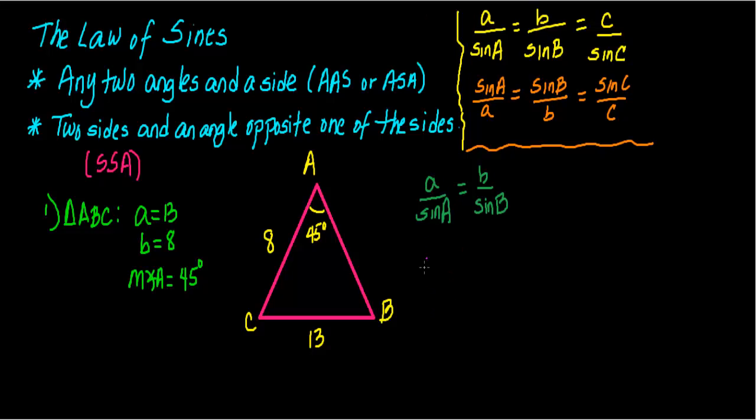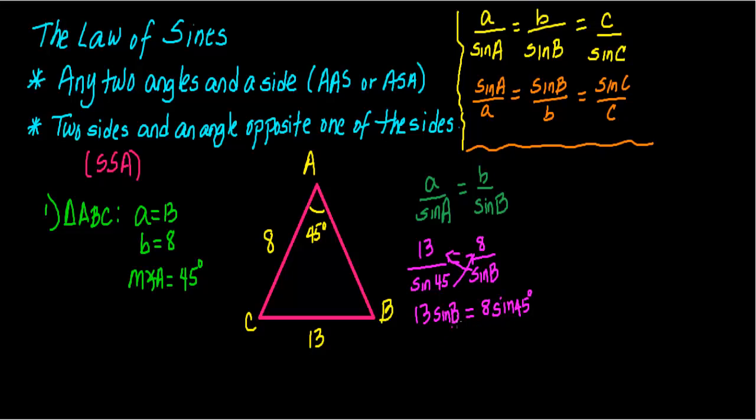So B over sine of B, and that way I can try and solve for angle B. So let's fill in the information. A is 13, and sine of A is sine of 45, equals B. B is 8, sine of B, which is what I'm looking for. Now let's solve for sine of B. We're going to cross multiply. So on this side, I end up with 13 times the sine of B. On the other side, I end up with 8 times the sine of 45.